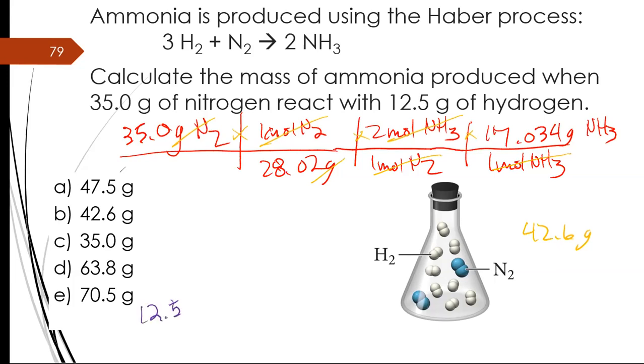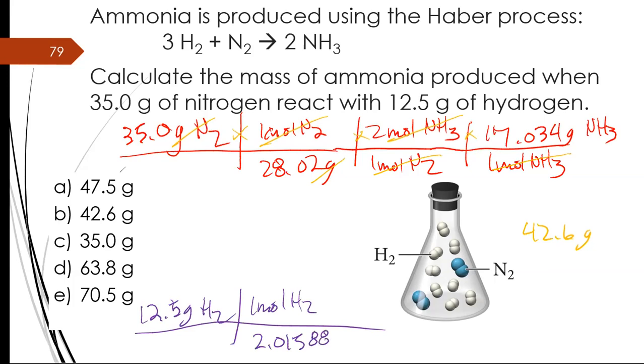So I need to take my 12.5 grams of H2, 1 mole of H2, which is 2.01588 grams. Now I use 3 moles of H2 for every 2 moles of NH3.